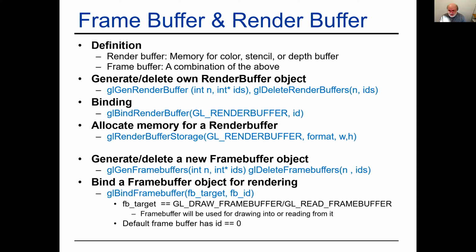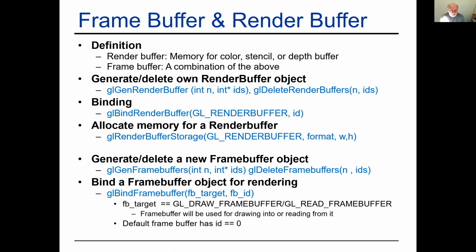So the target can either be a draw frame buffer, which says, okay, use this frame buffer for drawing into, and there's also a different target, the read frame buffer, that can be used to read pixels from the frame buffer, for instance, for copying it into a texture.